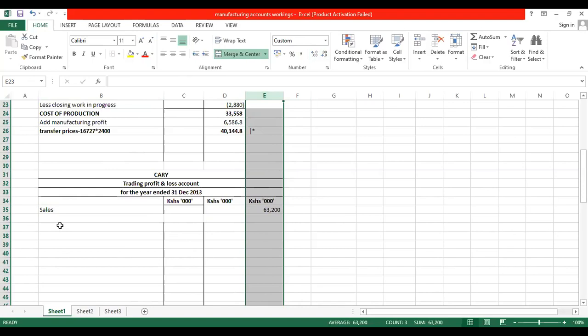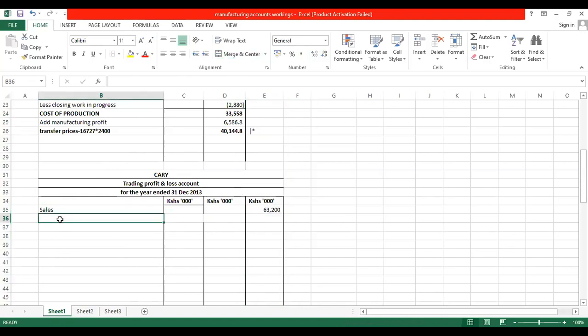Then what is the next item? Do we have returns inwards? We less returns inwards. And what is the amount? 112.